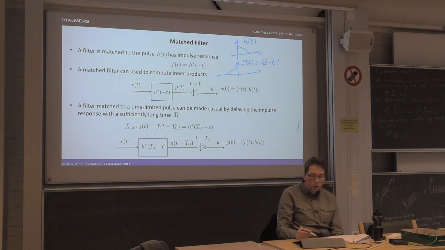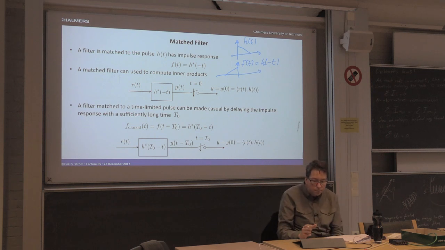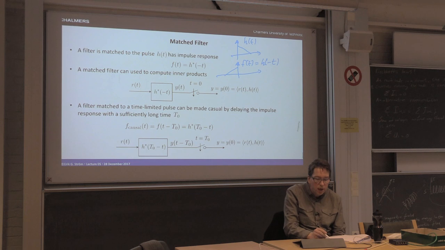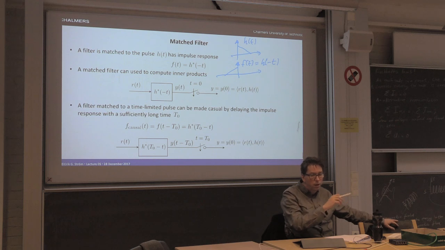Here we see that the transmitted pulse, which is this triangular wave, is not what f is. The matched filter is a flipped version of the transmitted signal, time reversed. Now, if we have a matched filter, then we can use that in order to compute these inner products that we talked about on the earlier slide.